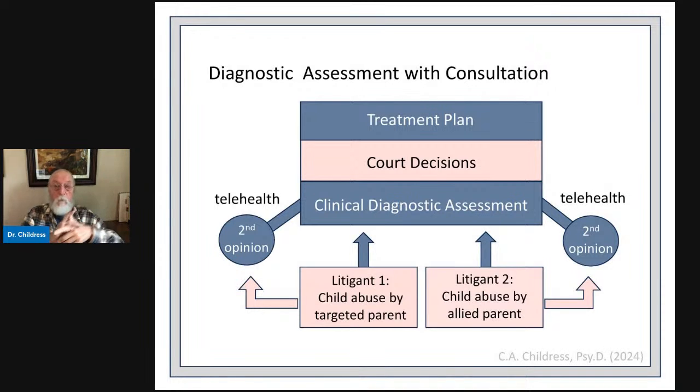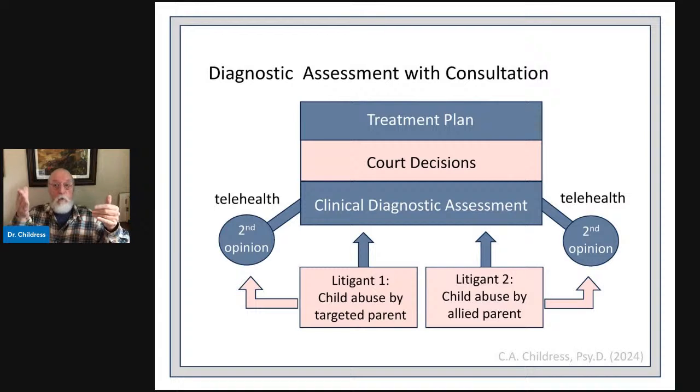That's allegation one. The targeted parent, litigant two, says, no, I'm not abusing the child. This is child psychological abuse by the allied parent, who's creating a delusional thought disorder and false factitious attachment pathology for their own stuff. And so we have two litigants, each making counterclaims of child abuse by the other.